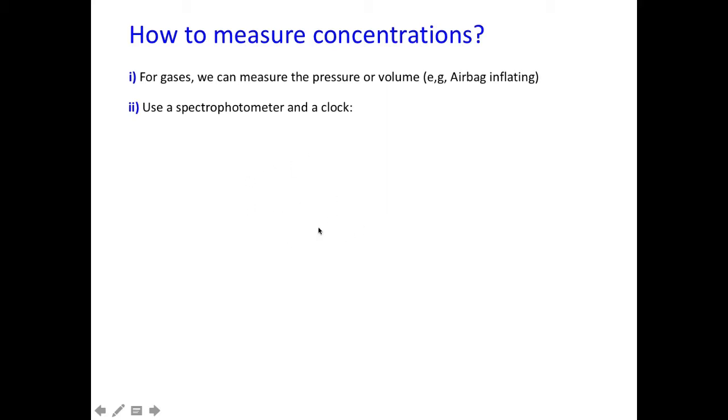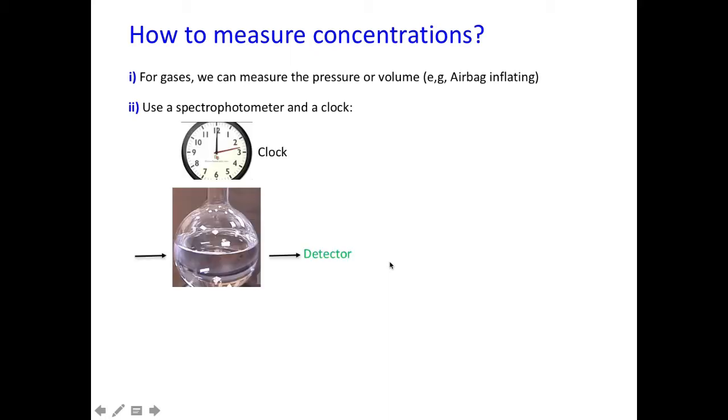If we see a solution changing color, for instance the solution is blue and slowly changes into transparent, then some reaction is occurring inside, and we can monitor the UV absorption, as we see here. Initially we have a blue solution, but some reaction is happening.